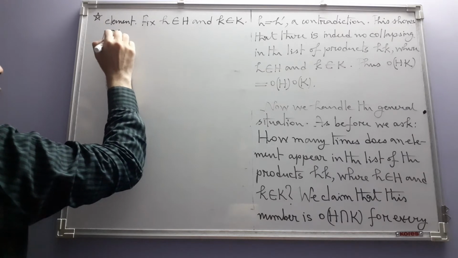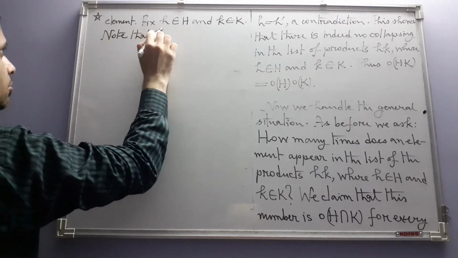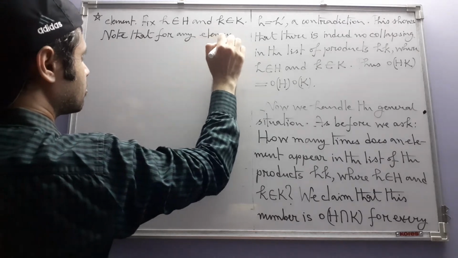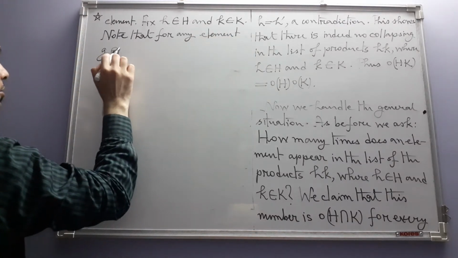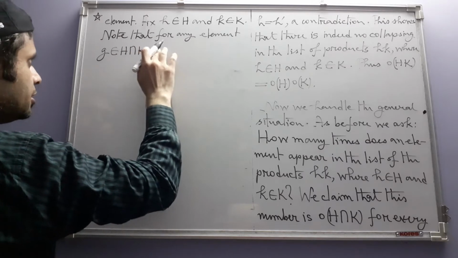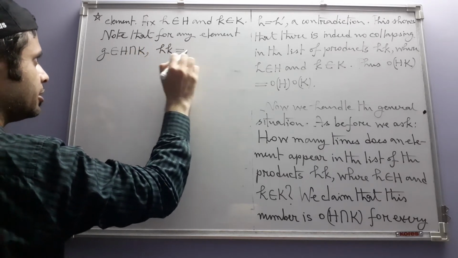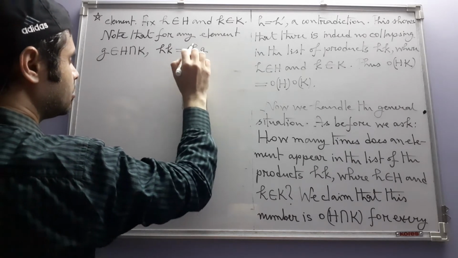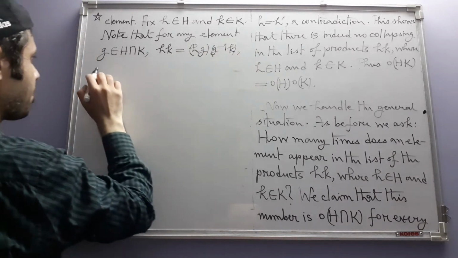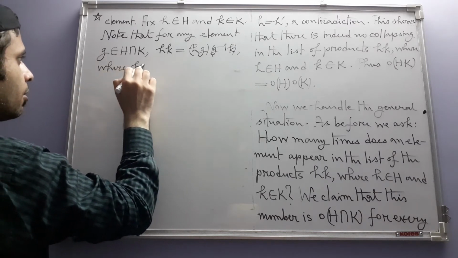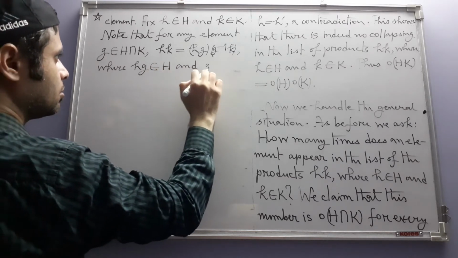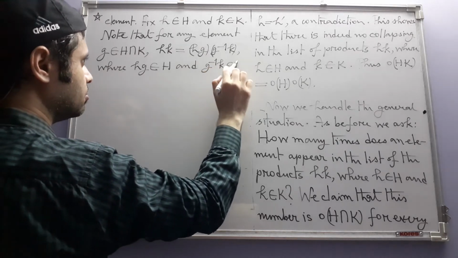Note that for any element g belonging to H intersection K, this product hk can also be written like this: hg times g inverse k, where hg belongs to H and g inverse k belongs to K.